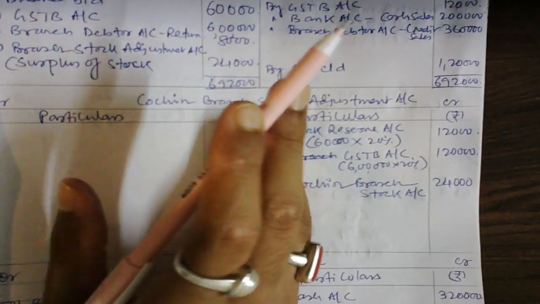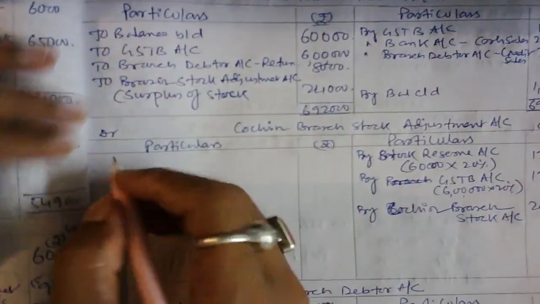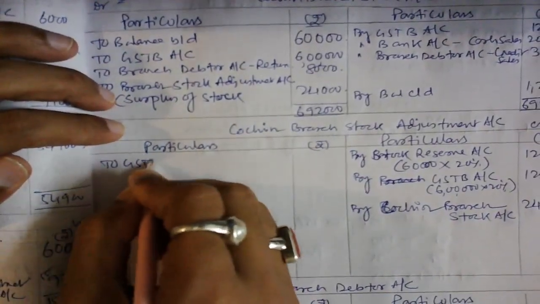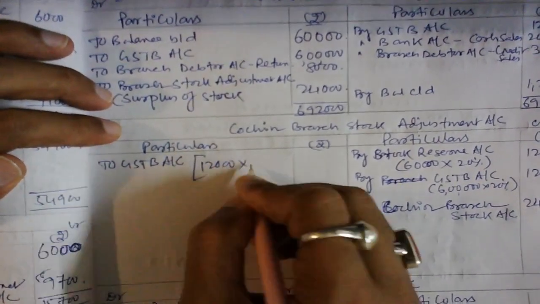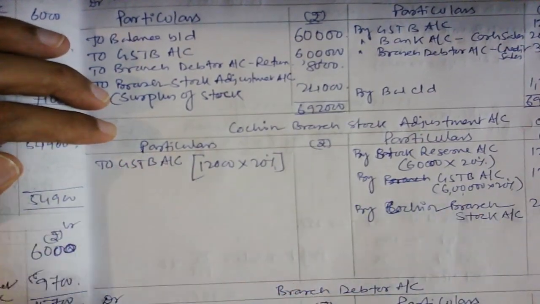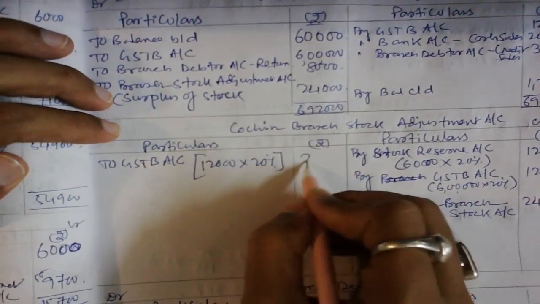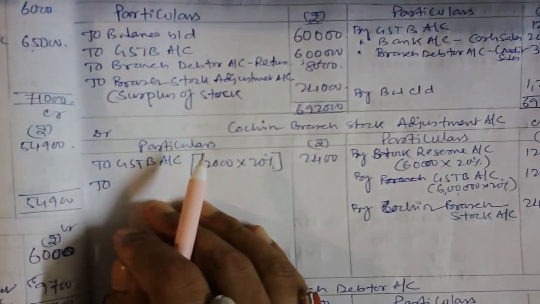Now what we have to do again, the GSTB account 12,000, that is the return one. To GSTB account, so return is 12,000, and how much on this? 20%, because we are doing the calculation on the sale value directly, it means invoice. So taking it directly, other than this, I don't think anything else is left.